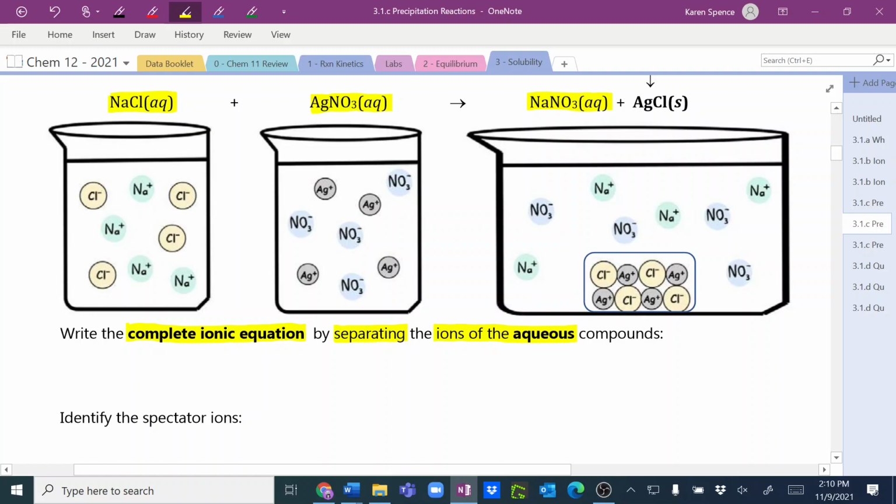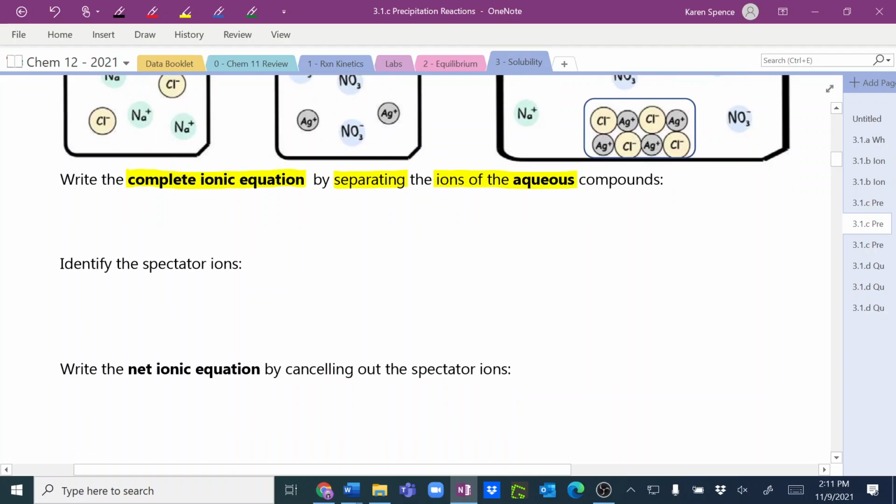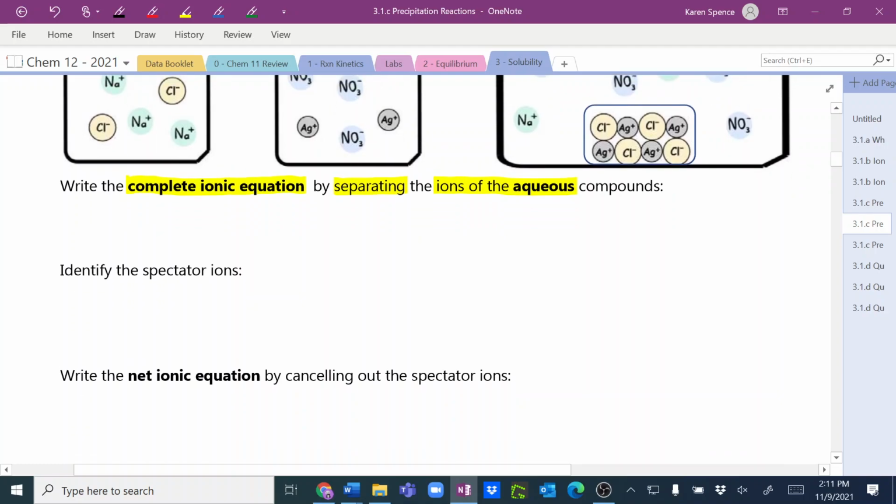What do you do with your solid? Get rid of it? Just throw it on out. It just stays together, your solid stays together. So separate the aqueous ions and leave the solid together. So take a moment and do that. If you complete it, you can try identifying the spectator ions and then writing the net ionic equation, okay?